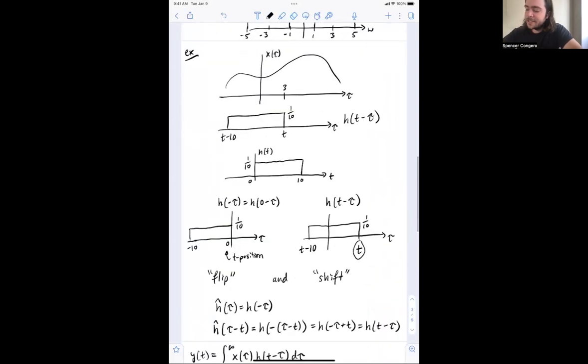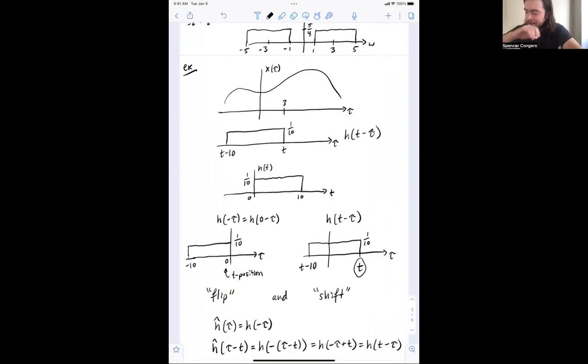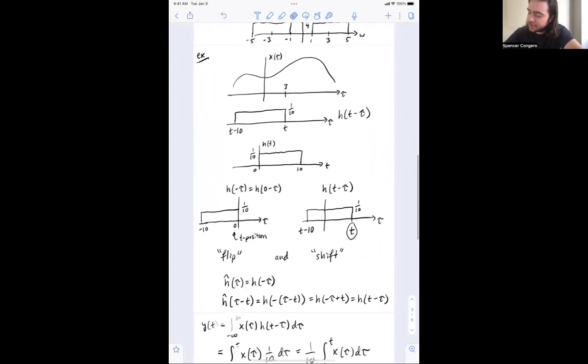And with that intuition, we can look back and ask, how could I have understood that from this picture? Let's think again about what the convolution is doing. All it's doing is integrating x of tau, but not just x of tau. We're going to apply these weights. H of t minus tau is providing a weighting function.